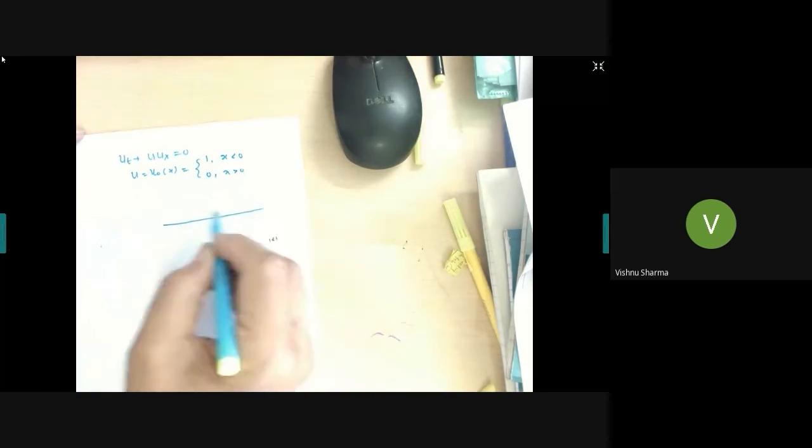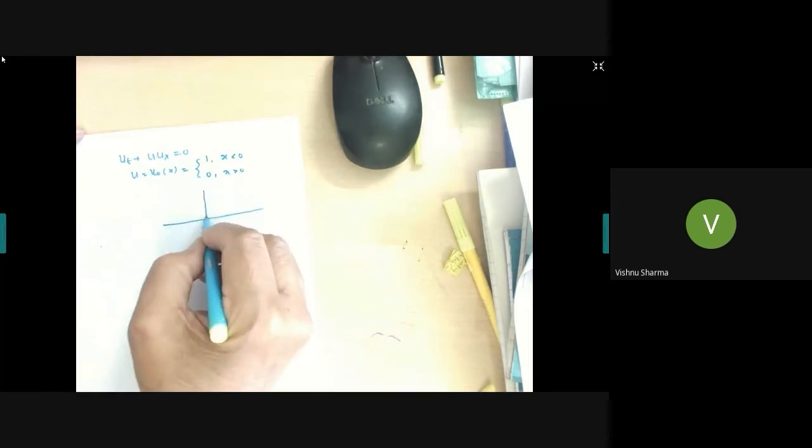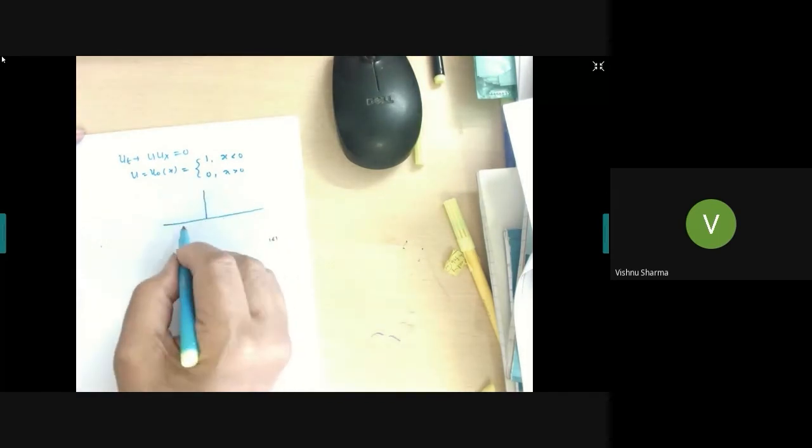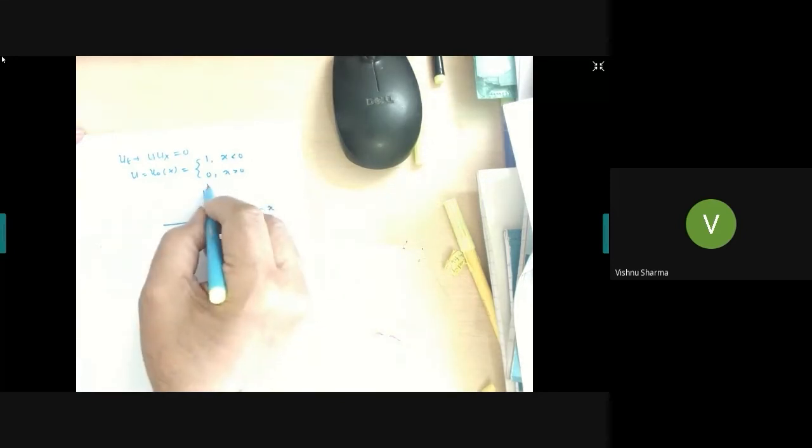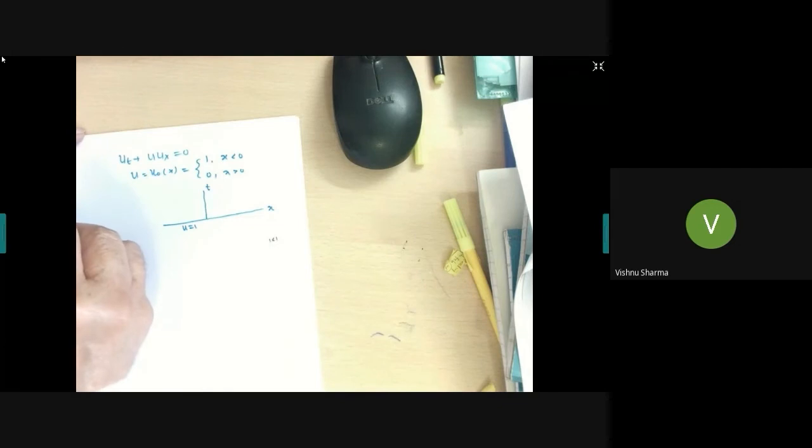Look here, in the xt plane, on the left, u is equal to 1. I know that x is equal to xi plus t times u naught of xi, and u is equal to u naught of xi. This is the analytical form of the solution.